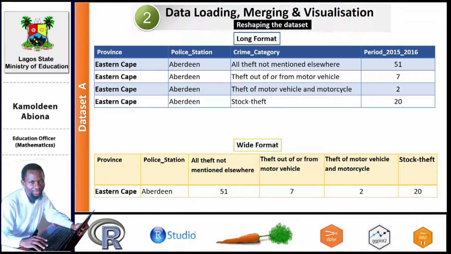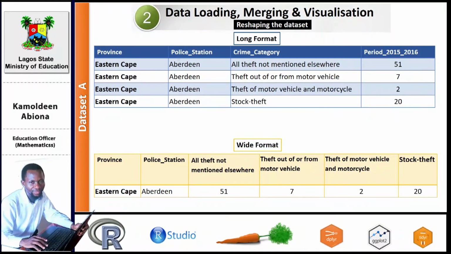You can see here that the 4 different rows have been converted to just one row and then several columns. You can see all theft not mentioned. We have been able to create a column for that, and so on, for the different crime categories of a police station.